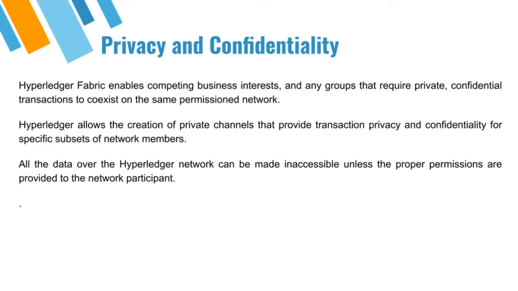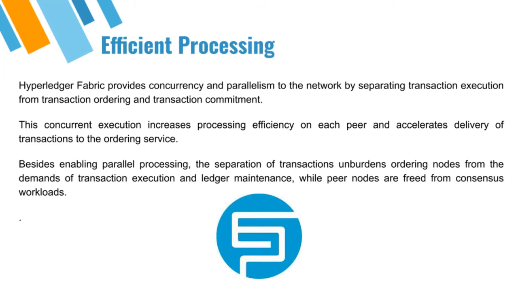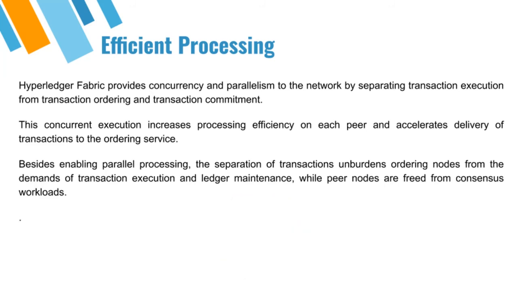The third major functionality which Hyperledger provides is efficient processing. Hyperledger supports concurrent and parallel transaction execution. This increases the overall processing efficiency and accelerates the delivery of transactions for the whole network.